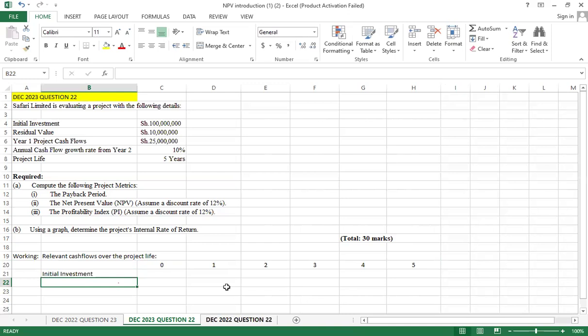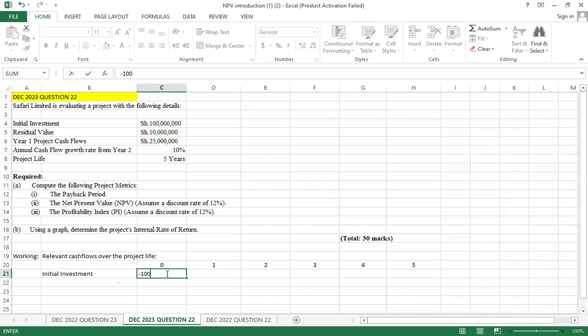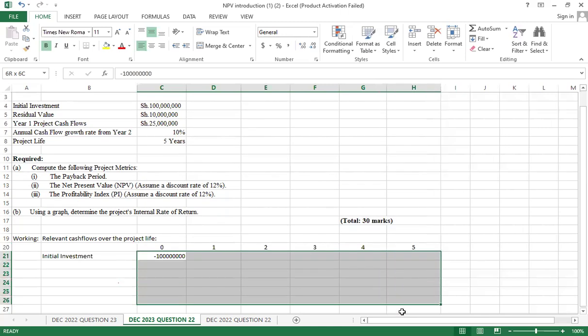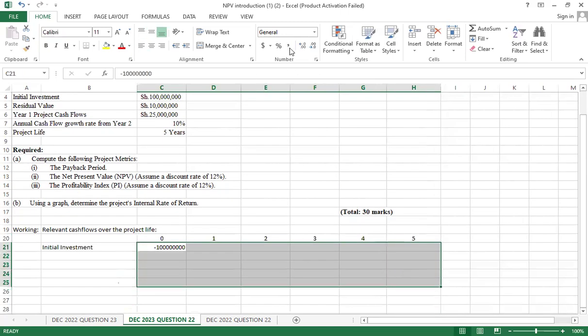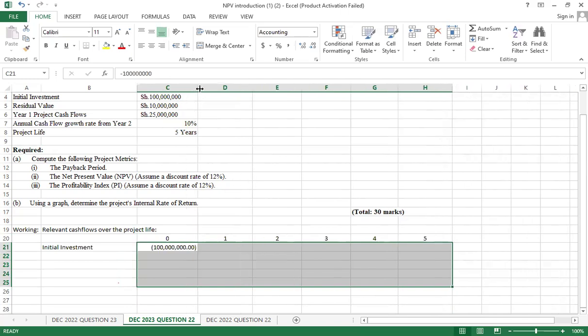So under period 0, you'll have the initial investment. The initial investment, we know that is a cash outflow. And so normally, these appear as a negative what? Cash flow. So under period 0, I'll say that we have minus 100 million.